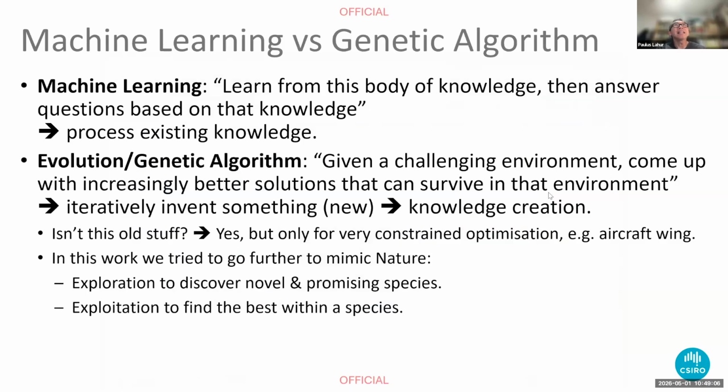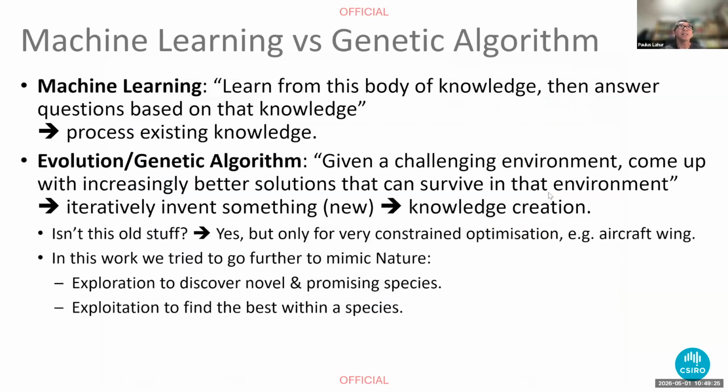So in essence, if you put it informally, machine learning is about learning from a body of knowledge and answering questions based on that knowledge. So it's processing existing knowledge.